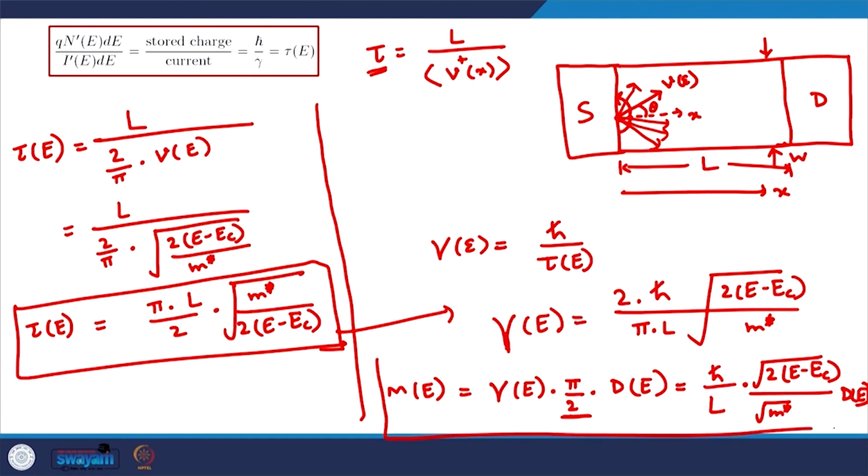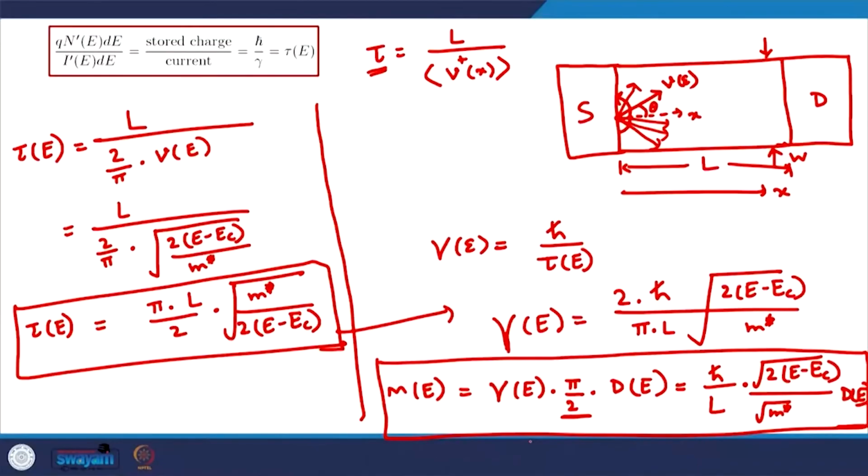So, this is how we obtain the expression for the number of modes in the channel from our analysis of the transit time in the device. Although we started with a 2D channel, this kind of treatment is fairly general and can be generalized to 3D and 1D channels as well, which we will see in the coming class.